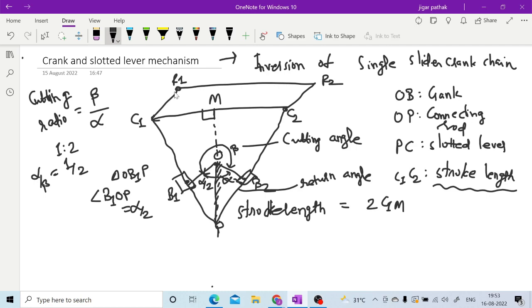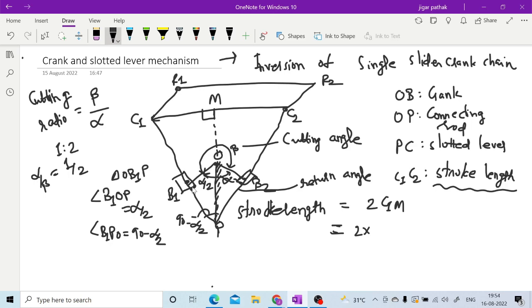So definitely this angle B1PO will be 90 minus alpha by 2, right? So this particular distance 2C1M is nothing but 2 into this.